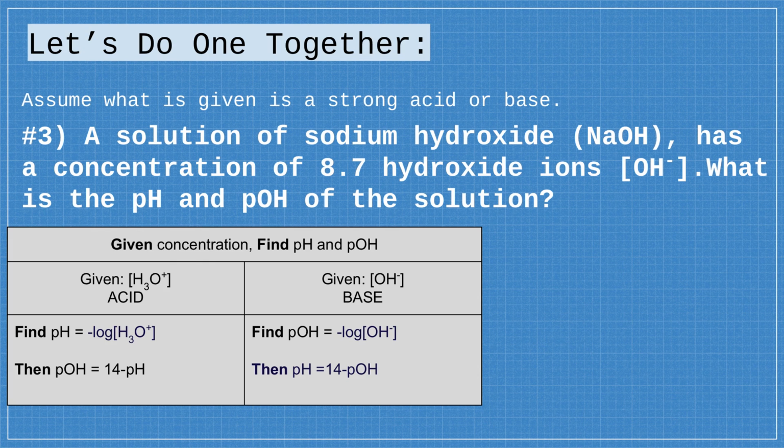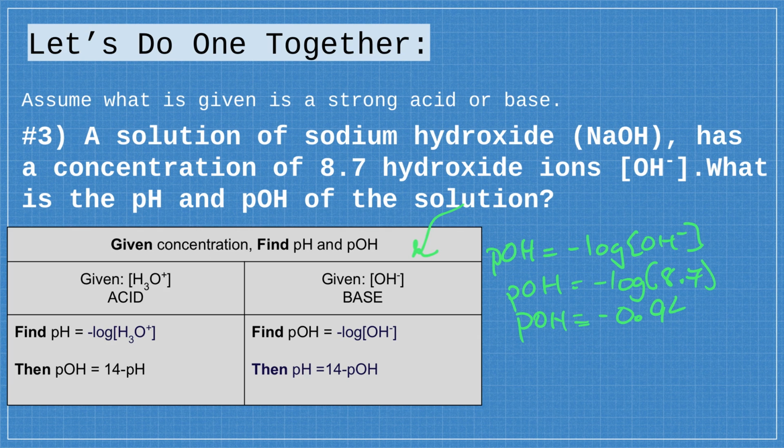So in this case, we are given the hydroxide ion concentration. So we need to calculate the pOH, which is equal to the negative log of the hydroxide concentration. So my pOH is equal to negative log of 8.7, and so my pOH is equal to negative 0.94.